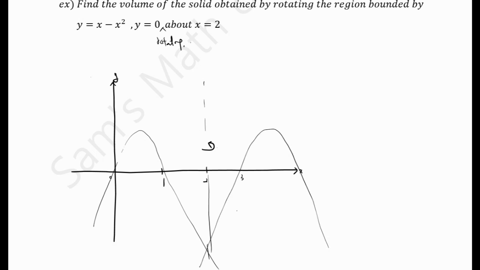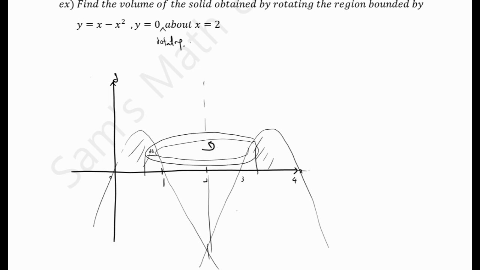This is 3, this is 4, and this region is very hard to find the volume of by the washer method. So we find the volume by using cylindrical shell, like this.